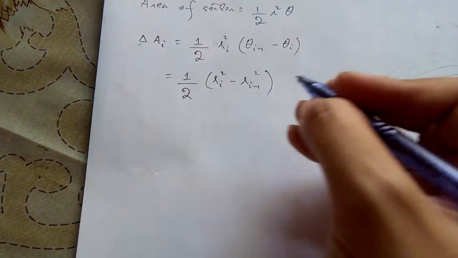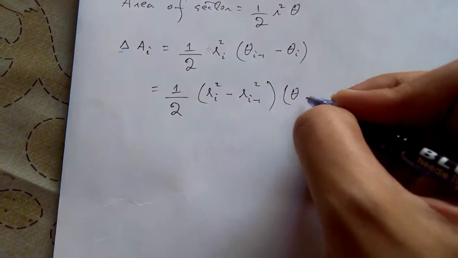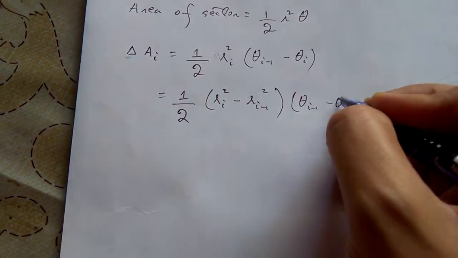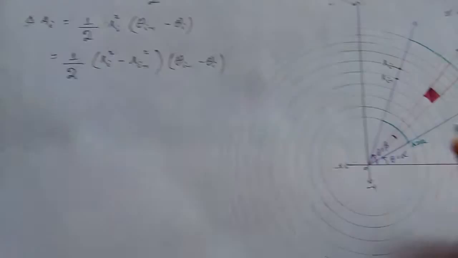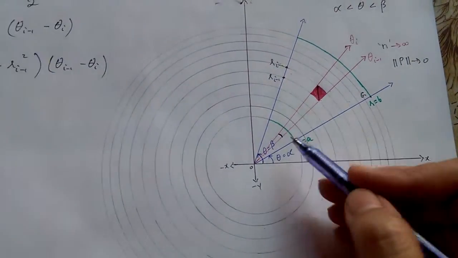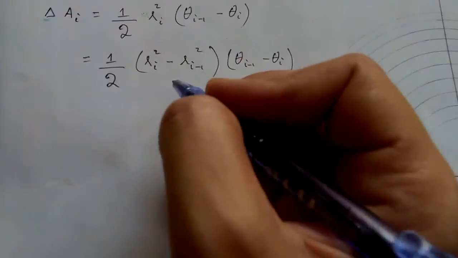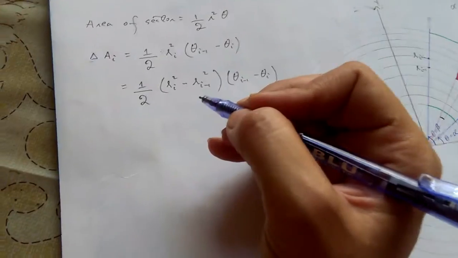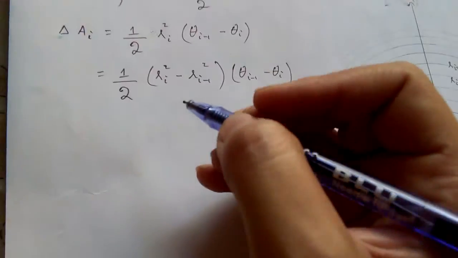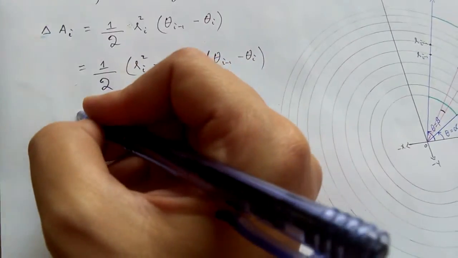That's how this radius is obtained, and this is the angle of the sector. I hope it is clear to you from here. Now we are going to apply the major algebraic identity, the a square minus b square formula.